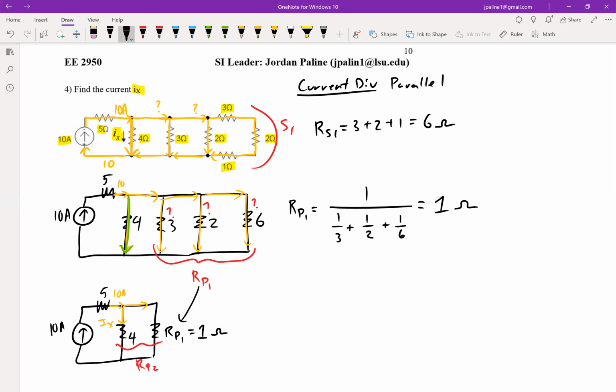Fortunately, it's only 2, so it'll be 4 times 1 over 4 plus 1, which is 4 over 5, or 0.8. So now to find I of x, that will be equal to 0.8 over 4 times 10, which should give us 2 amps for I of x. Okay?